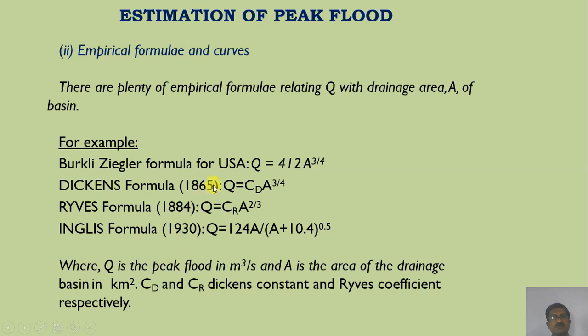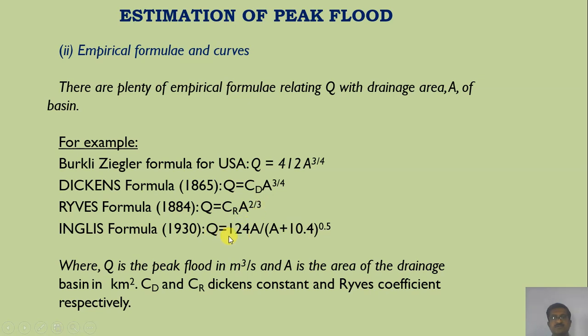Many formulations are there by which the discharge can be worked out, right? So I will read these. Berkeley-Ziegler formula: Q is equal to 4 by 2 A raised to 3 by 4. Then Dickens formula is Q is equal to CD into A raised to 3 by 4. Rice formula is Q is equal to CR A raised to 2 by 3.